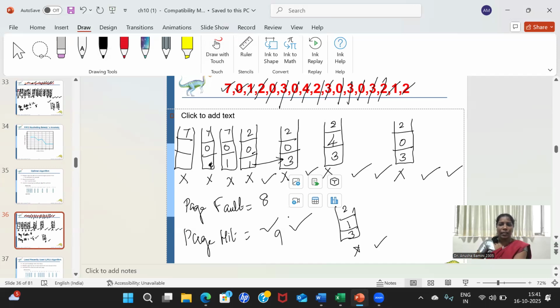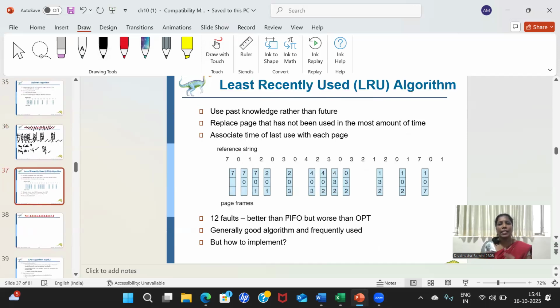Then the third algorithm is the least recently used algorithm. In the optimal, what we did, we replaced the frame which will not occur for the longest period of time. Same concept, but here in LRU, you check which frame occurred least recently.